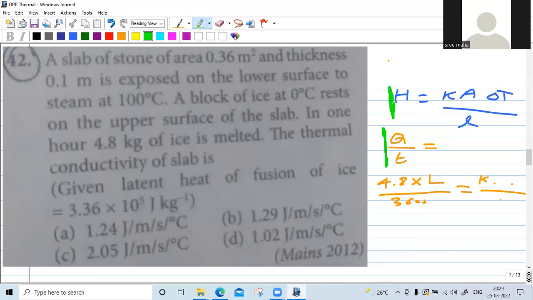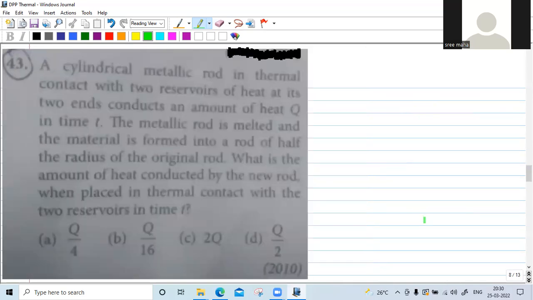The amount of heat transferred in 1 hour is the amount of heat that melts the ice, which is 4.8 into the latent heat. So three concepts are there. Clear?